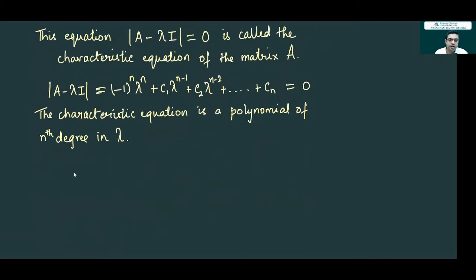Very good. It can be real or imaginary. The characteristic equation is a polynomial of n degree in lambda, which can have a maximum of n real roots.